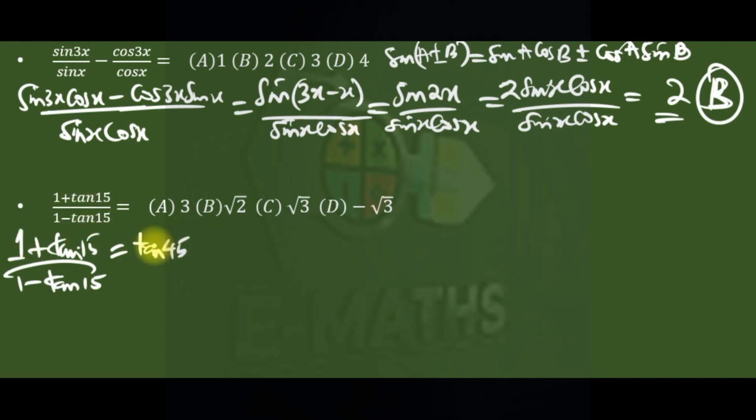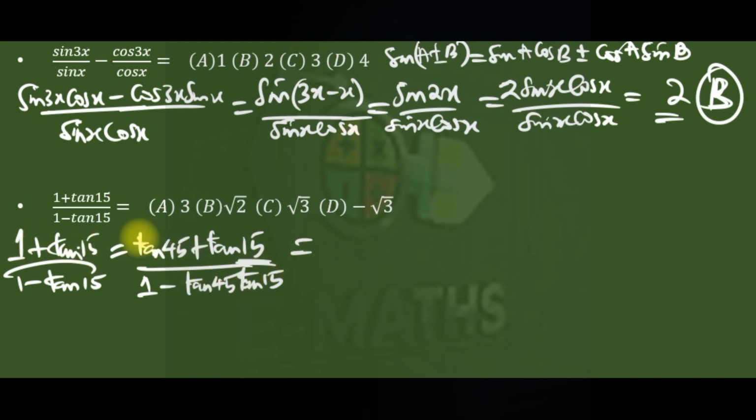So 1 is tan 45, plus tan 15, over 1 minus, the coefficient of tan 15 here is 1, so I can write it as tan 45 times tan 15. You see the logic?